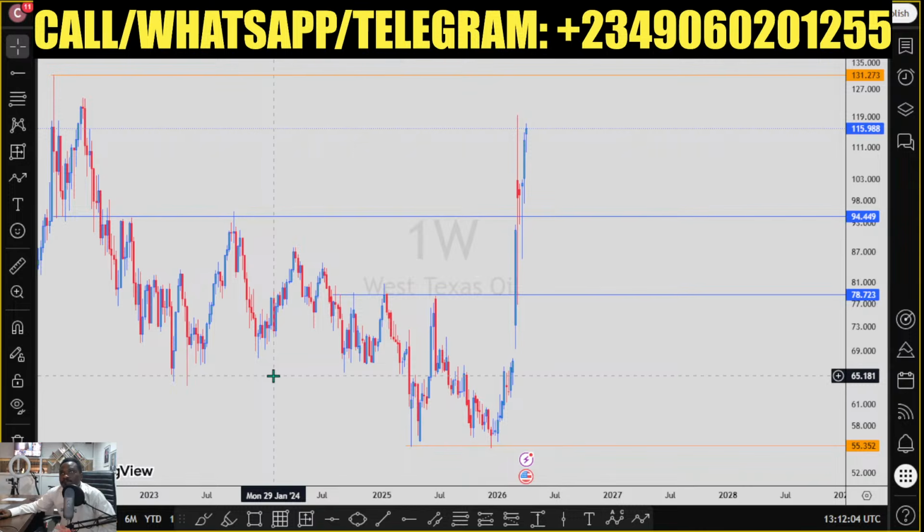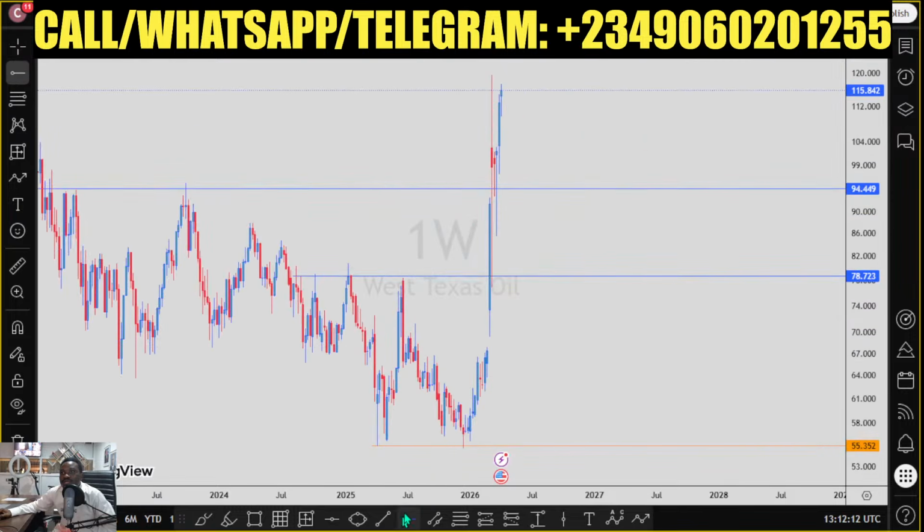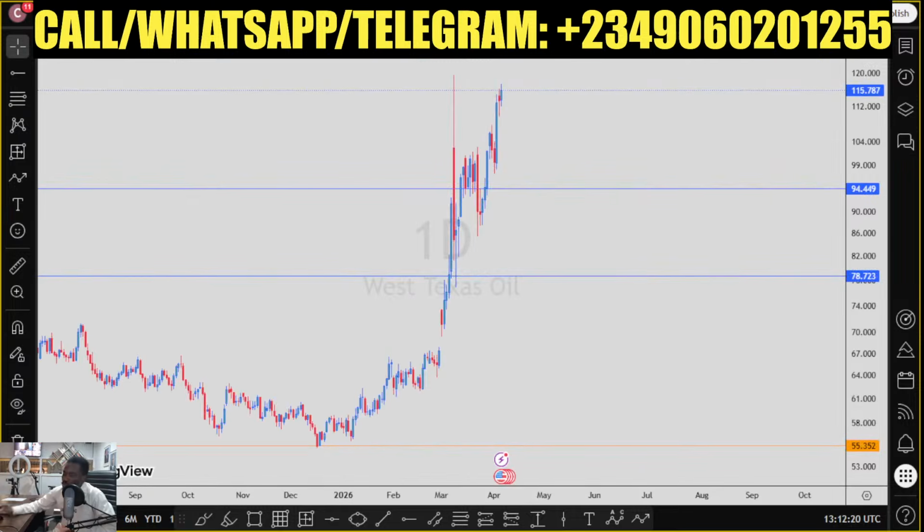Now let's move to the day chart. Although there is a level here we can mark, let's ignore that, because when you put too many lines on your chart it becomes too dirty. You don't even know which level to look out for.